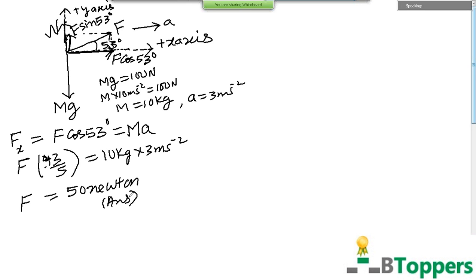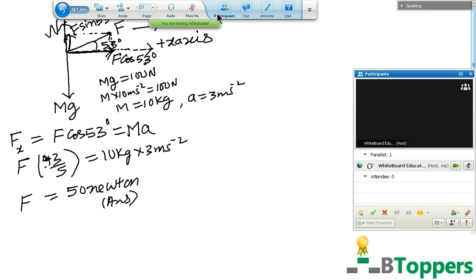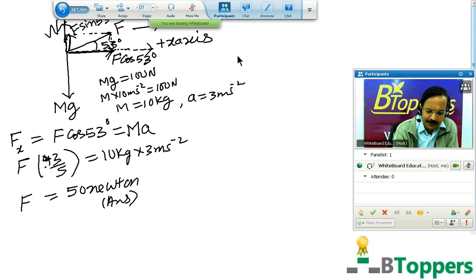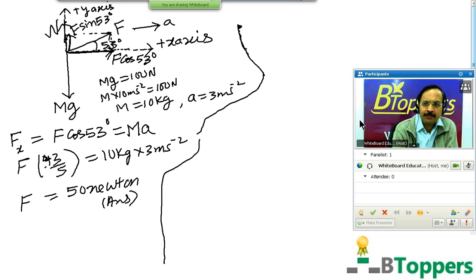To find the magnitude of the force on floor by the block, you have to find the magnitude of the normal reaction force on block by floor.